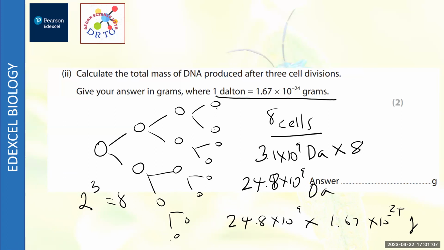So minus 24 plus 9 is, let's say like this, 10 to the power minus how much? 15, right? 10 to the power minus 15, 24.8, 1.67.